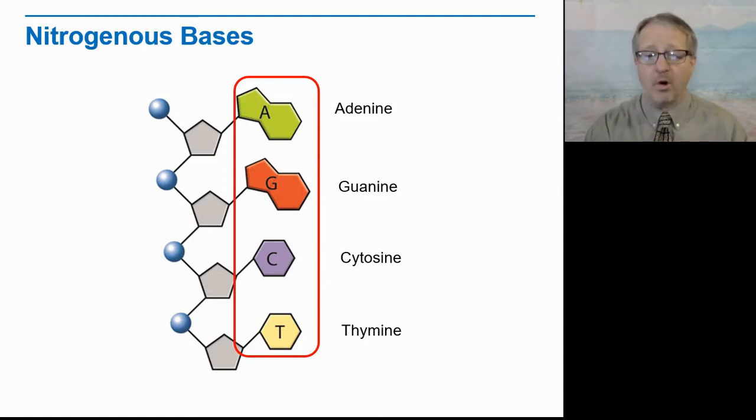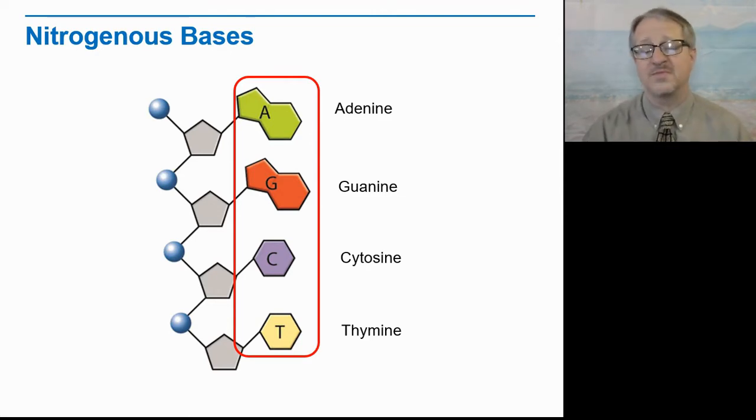Again, there are 4 different nitrogenous bases that we find in DNA. The reason I only called it a base on the previous image is because all 4 versions of the nucleotides contain a different type of nitrogenous base, so we just say base in general.